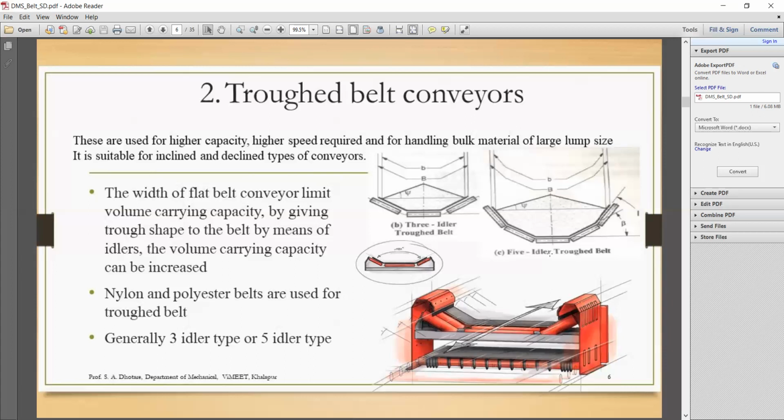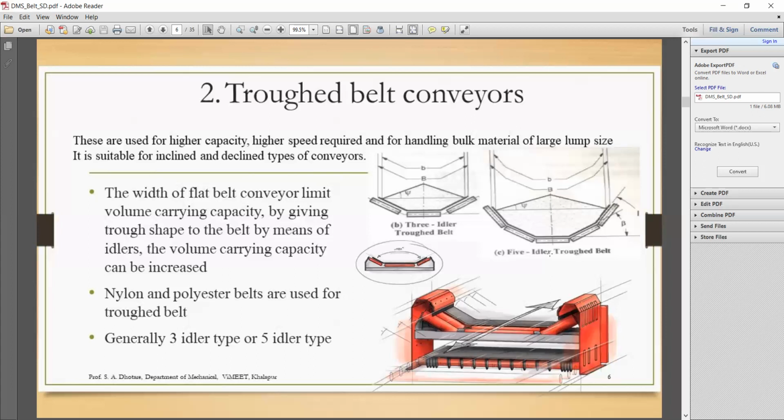By giving the troughing shape to the belt by means of the idlers, the volume carrying capacity can be increased. Normally, the belts are made from nylon and polyester, so they are very strong and can carry higher capacity because of greater flexibility inside.